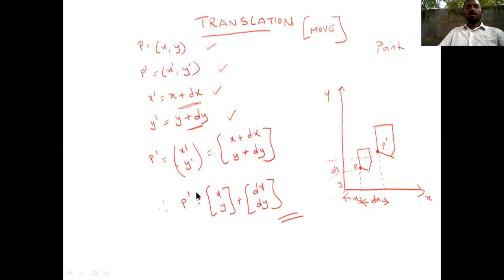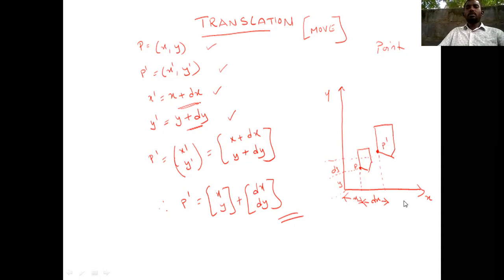So we come to the mathematical expressions. See here, p equals x comma y, the initial one. So the initial object is nothing but p equals x comma y. But p dash is nothing but the moved object. So p dash equals x dash comma y dash. Therefore x dash equals x plus dx, the total distance in the x direction. So x dash is the total in the x direction, moving from here to here.